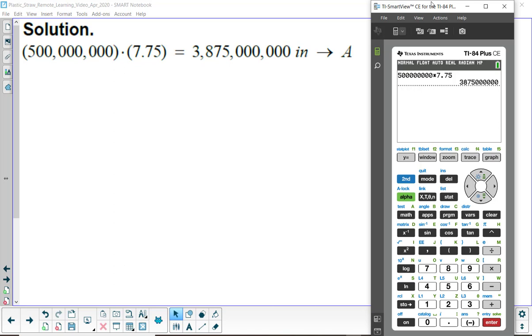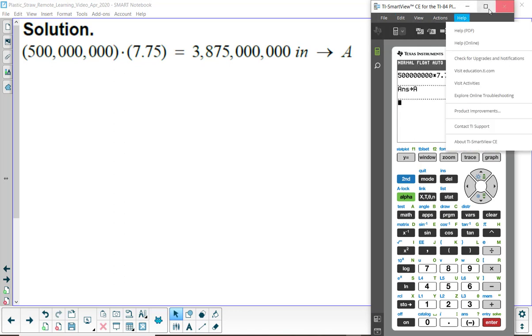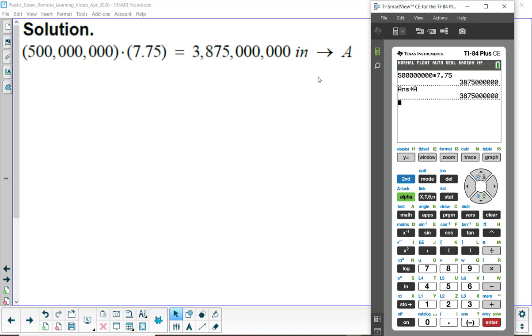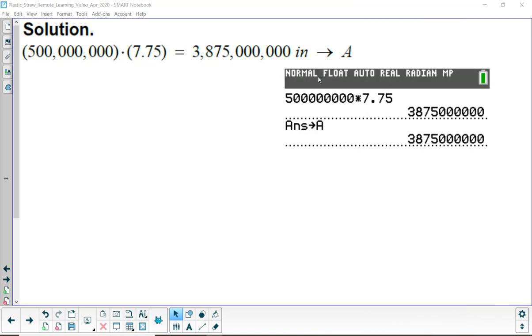And I'm going to store that. I'll press the store key, and then alpha math to get the A key, and press enter. And now A has that value right there. And so here's the screenshot for that.